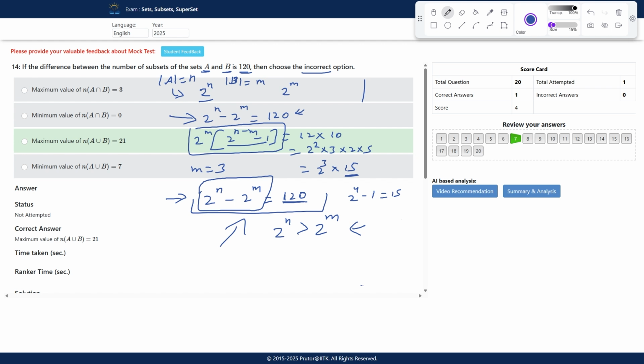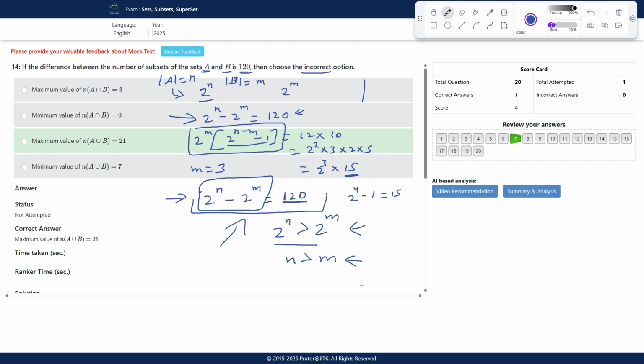Is this clear? Okay, this is also clear. Now I am concluding from this that n must be greater than m. Is this clear? Okay, this is also clear. Someone is saying no, not clear.